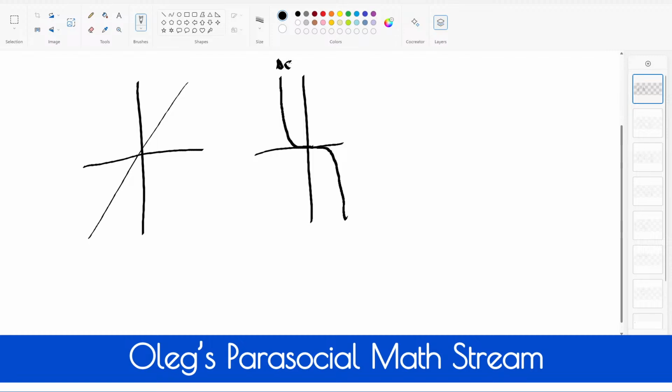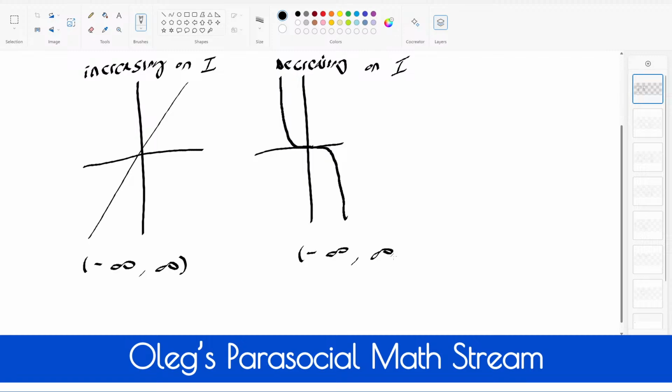So this is decreasing. And of course, the interval ranges from negative infinity to infinity. And this one also decreases, also from negative infinity to infinity.